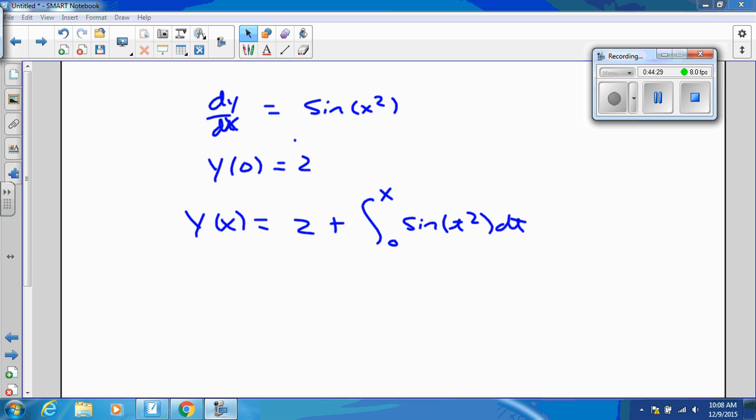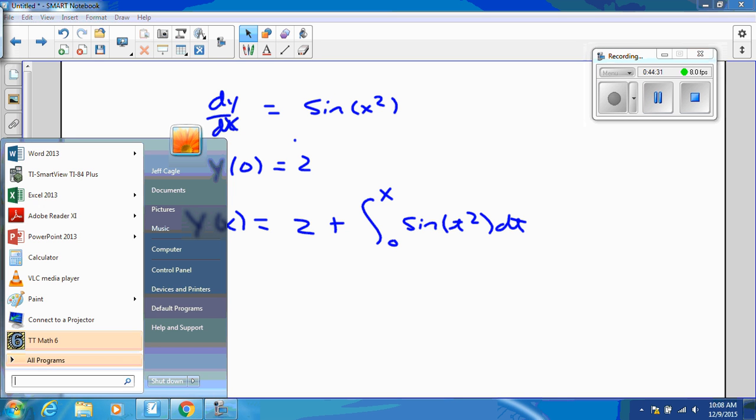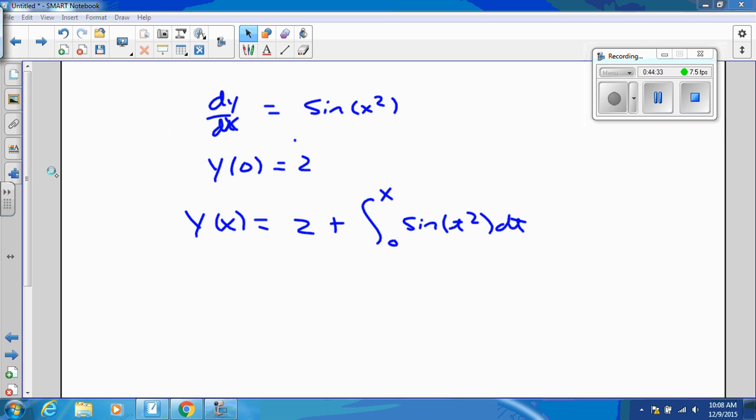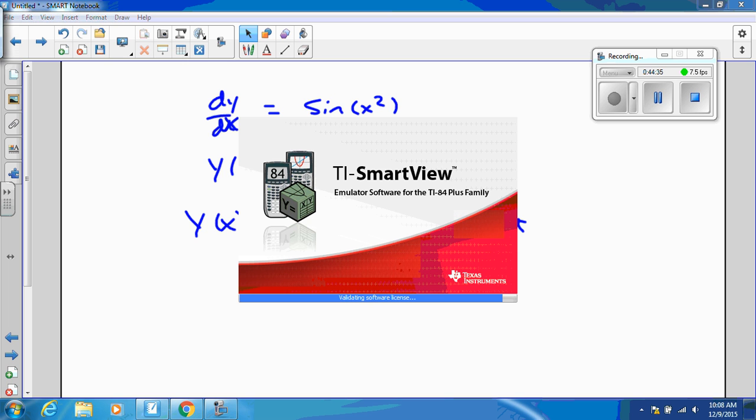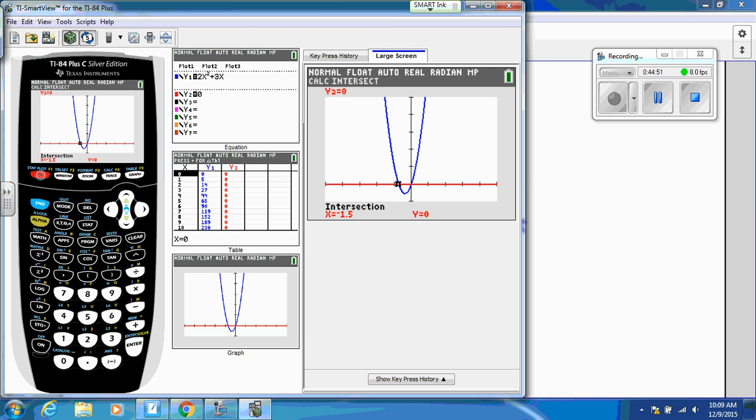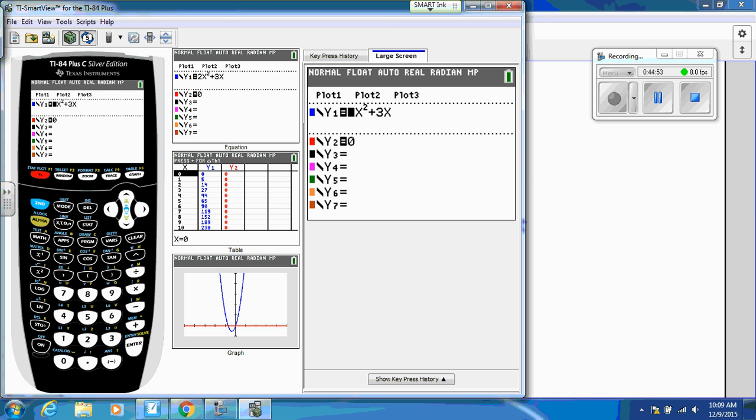By letting, that's not the one I wanted, this is the one I wanted. By letting y1 equal 2 plus the integral from 0 to x of sine t squared dt. Now your calculator only knows the variable x, so we're going to have to just accommodate that. It's kind of silly. It's not great math, but it'll do.